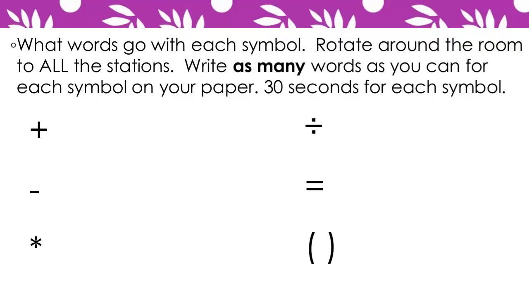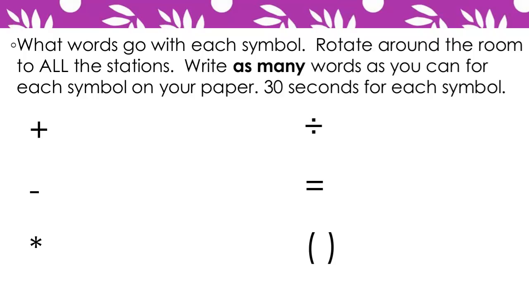Okay, everybody rotate one station to your right. So, girls, you come over here. Go, go, go. And you may begin. Now, if the word is already up there, don't write it again. So come up with different ones if you can.